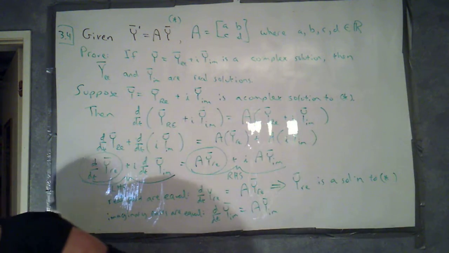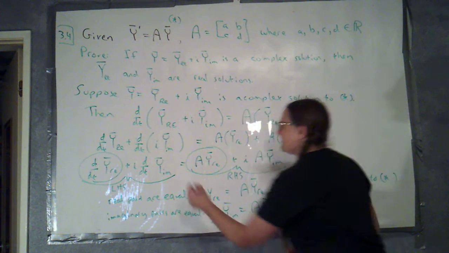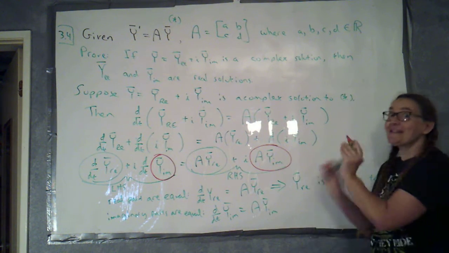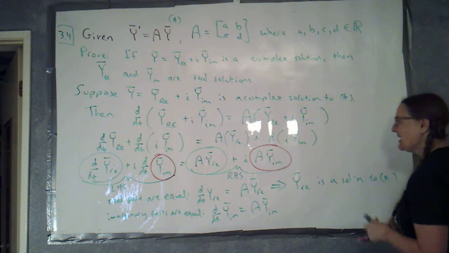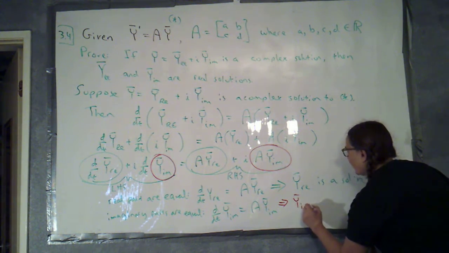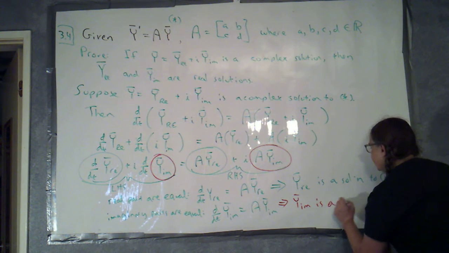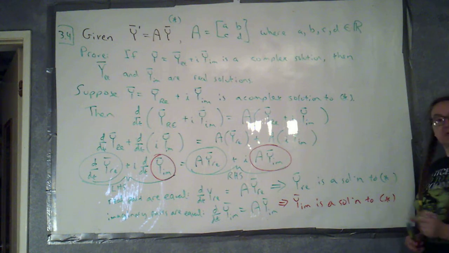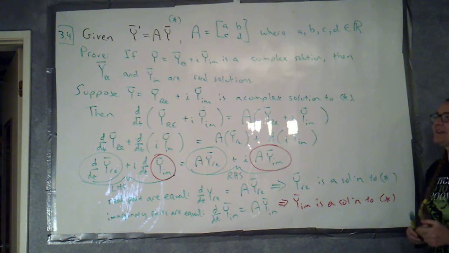There, I was also just taking the imaginary parts of each side, remembering that the imaginary part does not include the i. Okay. But what does this say? This tells me that the imaginary part of y is a solution to star, which is exactly what we wanted.